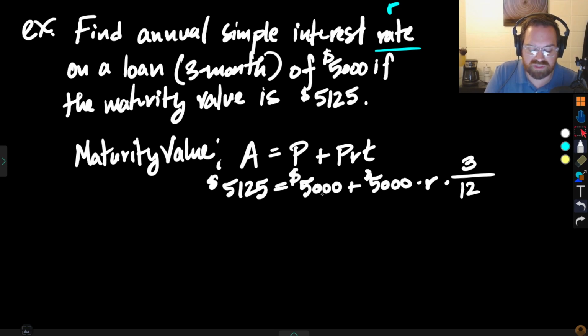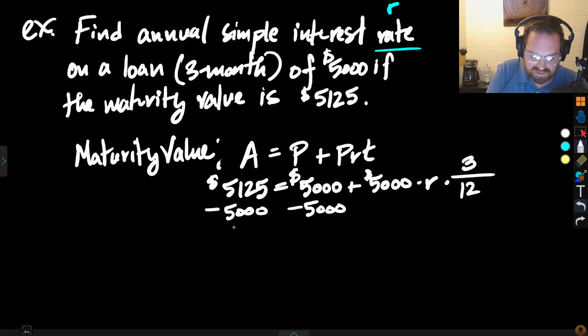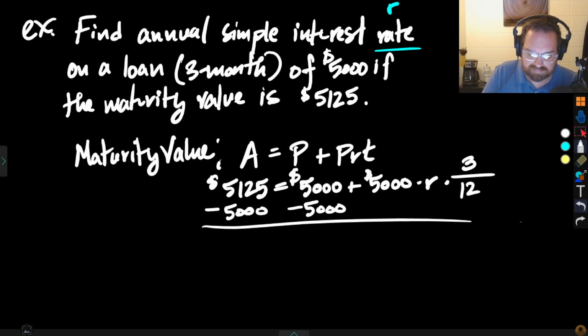So we take care of addition and subtraction first, then multiplication and division, and hopefully we get R by itself. We subtract 5,000 from both sides first. That leaves 125 here. I can't subtract the 5,000 from the product because it's multiplying. I have to do this one by itself because it's being added to the other piece. So this is 125 bucks.